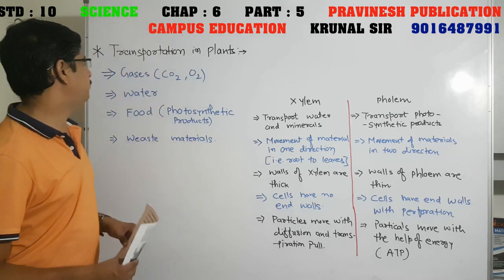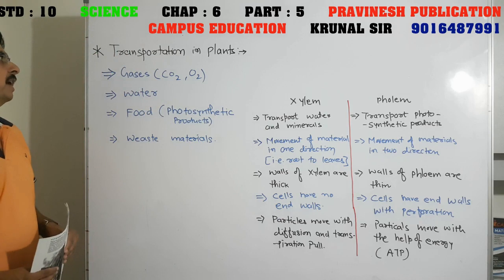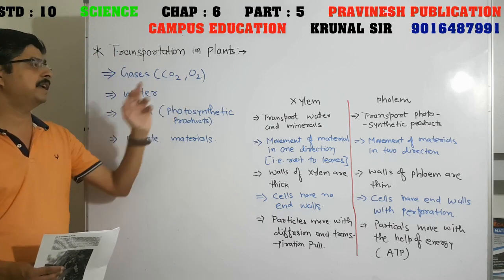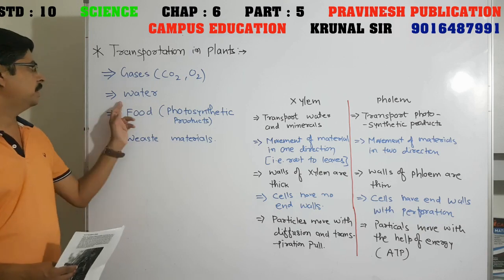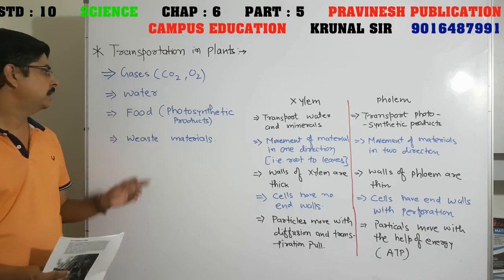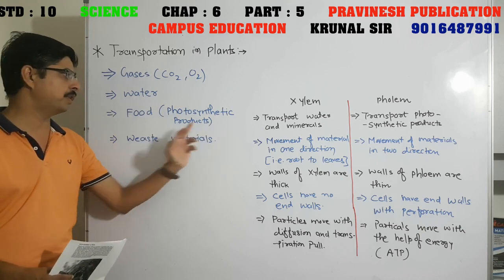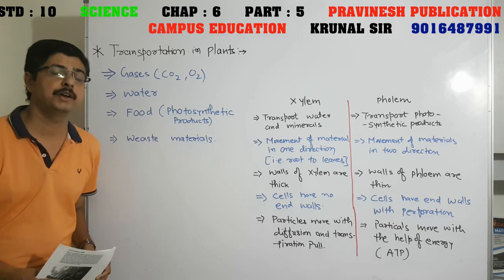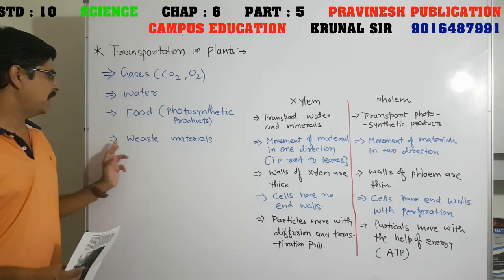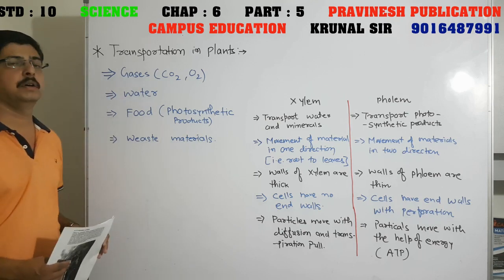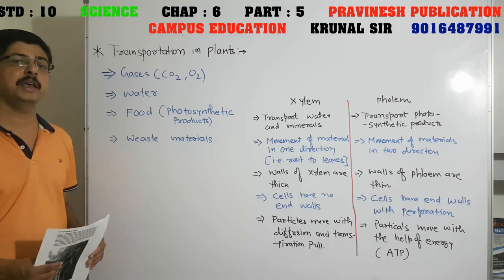Friends, which things are transported in plants? That is gases, carbon dioxide and oxygen, then water, then food materials, that means the photosynthetic products created during photosynthesis, and then waste material. So these are the major 4 substances transported in plants.